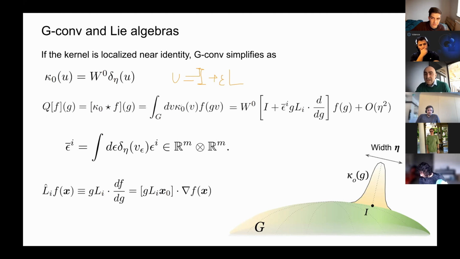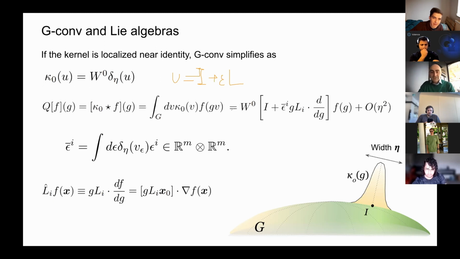If you do that, you can expand this f of gv up to first order in epsilon by writing v as I plus epsilon L. Basically, when you do this expansion, you're expanding around f of g.